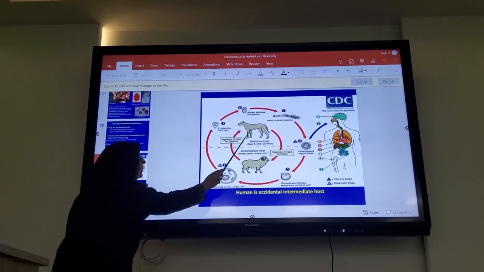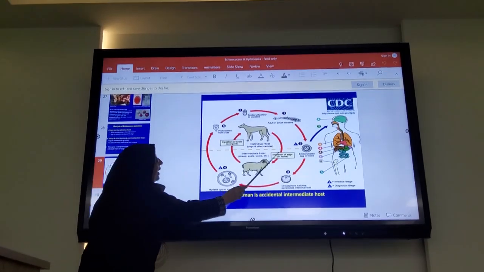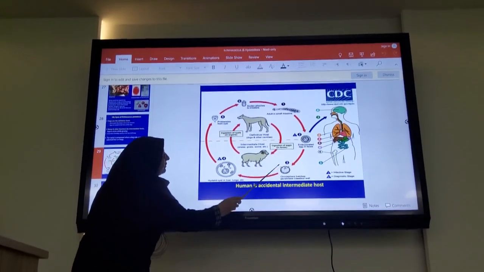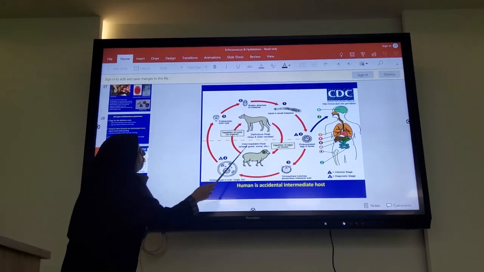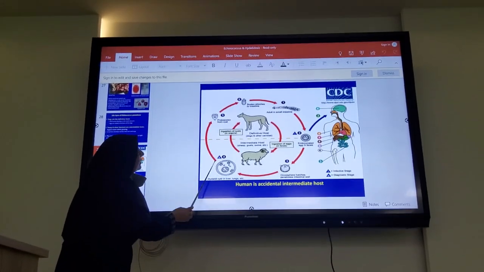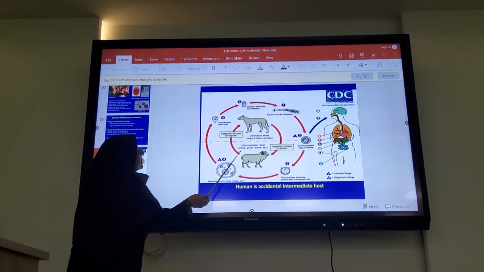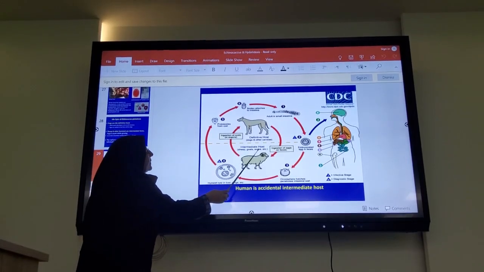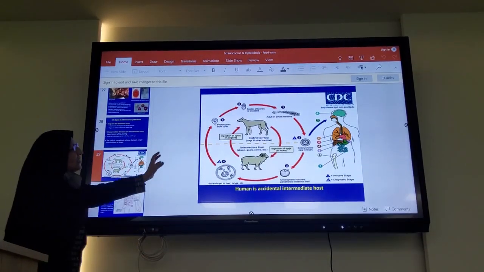So adults are in the intestine, eggs in the environment, and eggs are eaten by the sheep and other intermediate hosts. They develop to the larval stage, which is called hydatidosis, in different tissues.